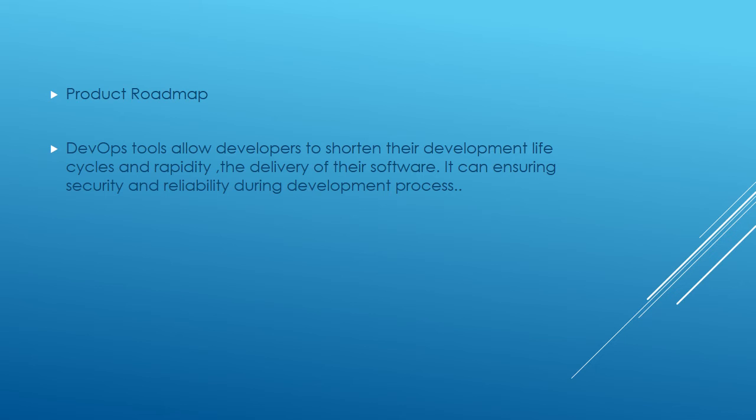Basically, DevOps tools allow developers to shorten their development life cycle and rapidly deliver their software. It can ensure security and reliability during the development process.